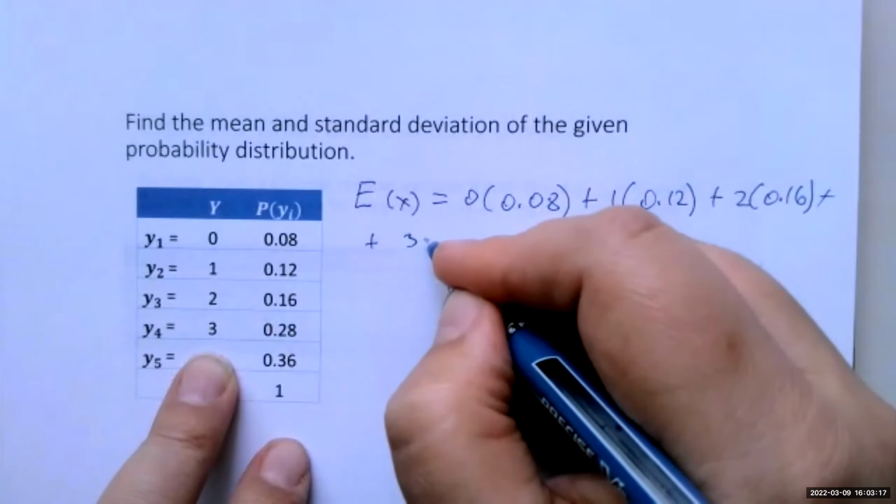So now once we know the variance, we're going to figure out the standard deviation by taking the square root of this value.